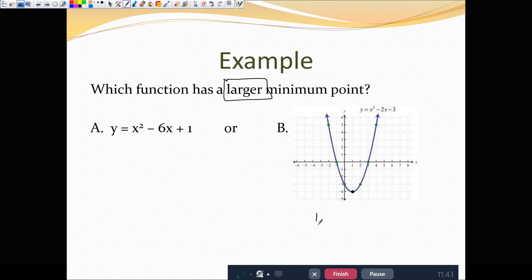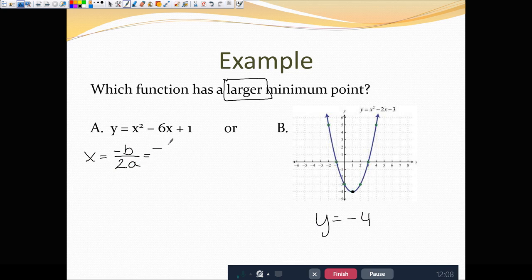Okay, y equals -4. That would be my minimum value. So I need to find my minimum value of this quadratic here. So I need to find my vertex. Does anybody remember how to find the x value of your vertex? It's -b over 2a. You have to remember this stuff.